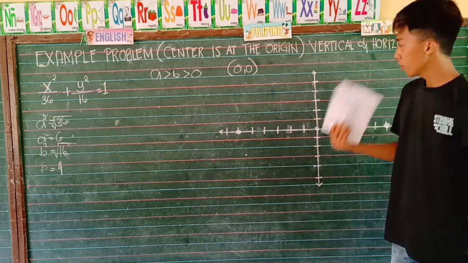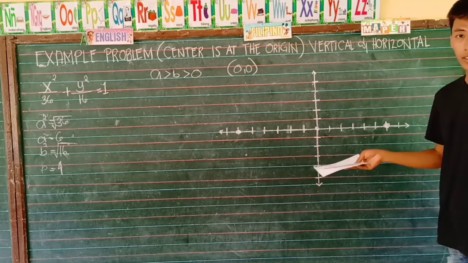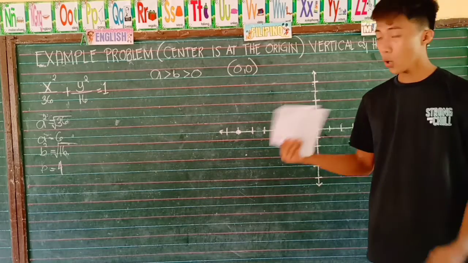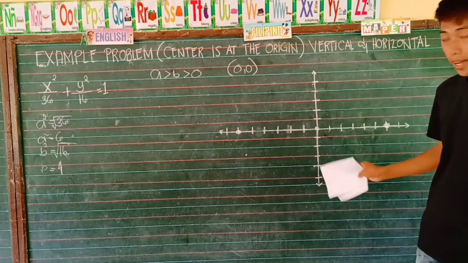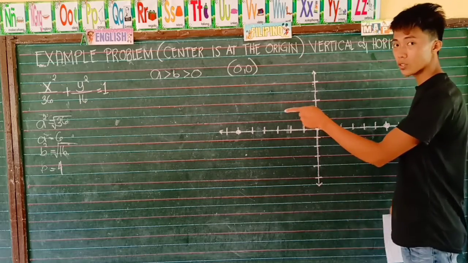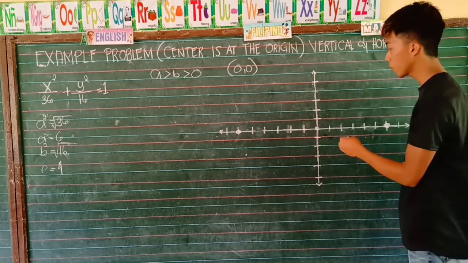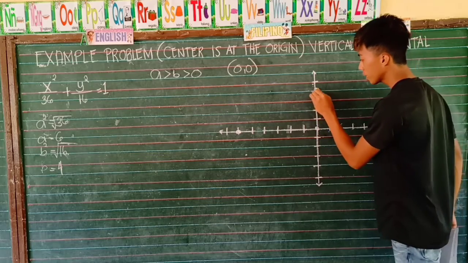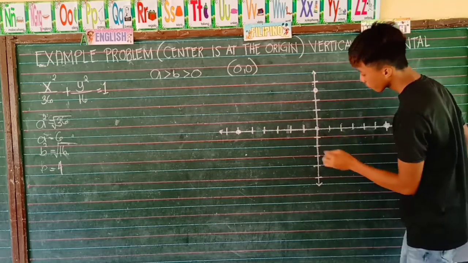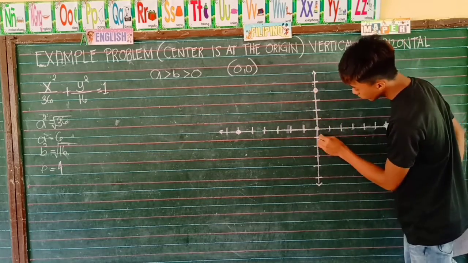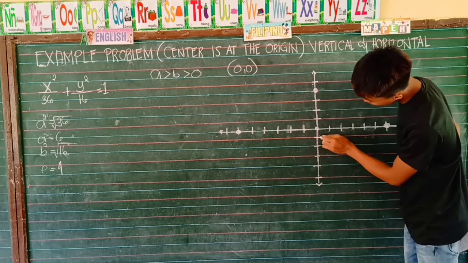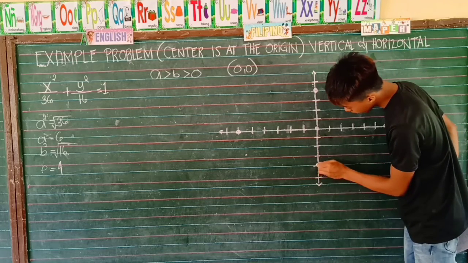Since our axis is horizontal, our co-vertices are on the y-axis. The value equals 4: 1, 2, 3, 4. That is our co-vertex, and the other co-vertex also equals 1, 2, 3, 4.